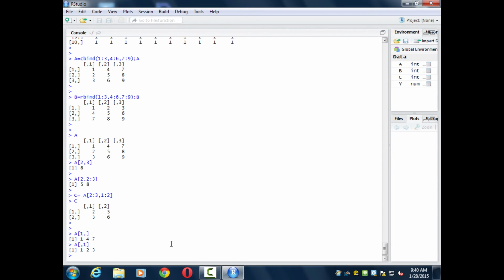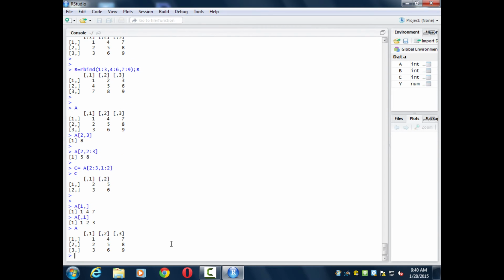Let's say, for example, that here we have the matrix A, and we do a replacement or a substitution. So we substitute the first row with some other numbers. Here I'm going to use a built-in function.